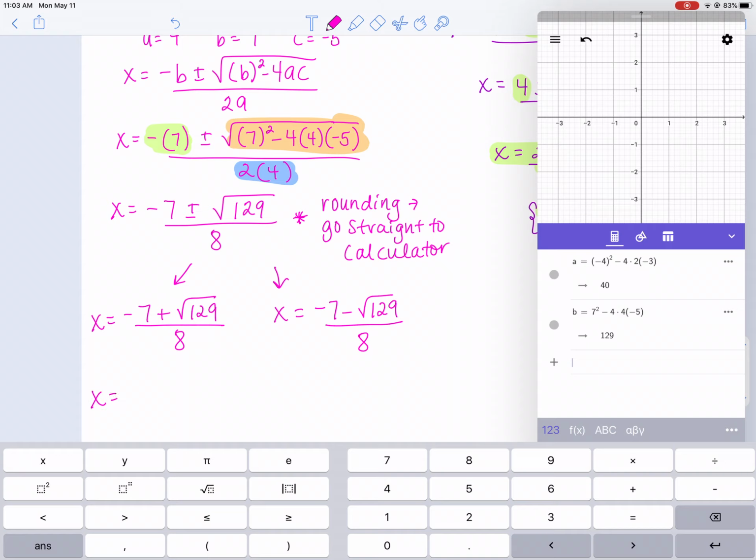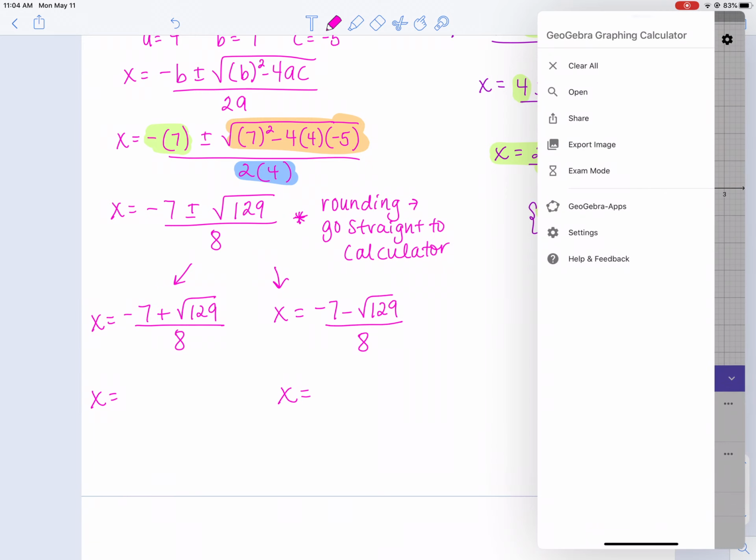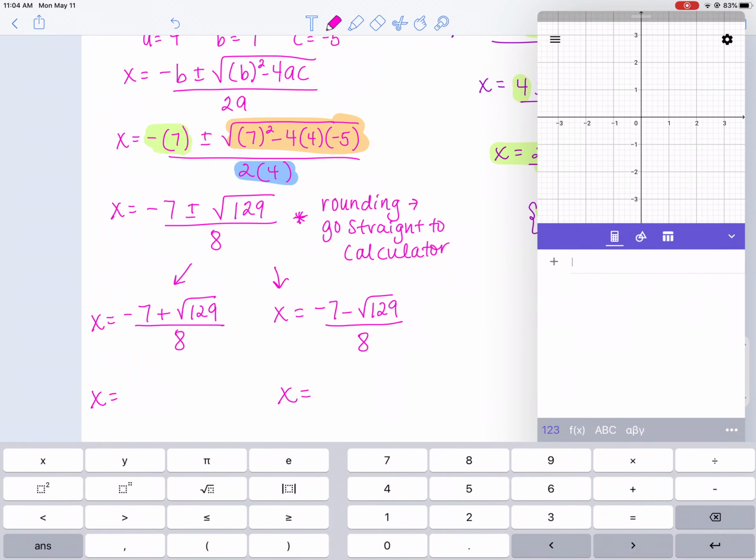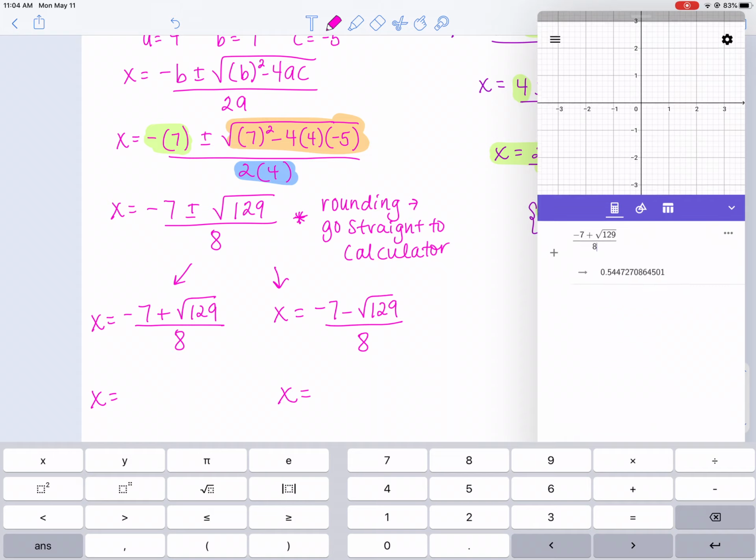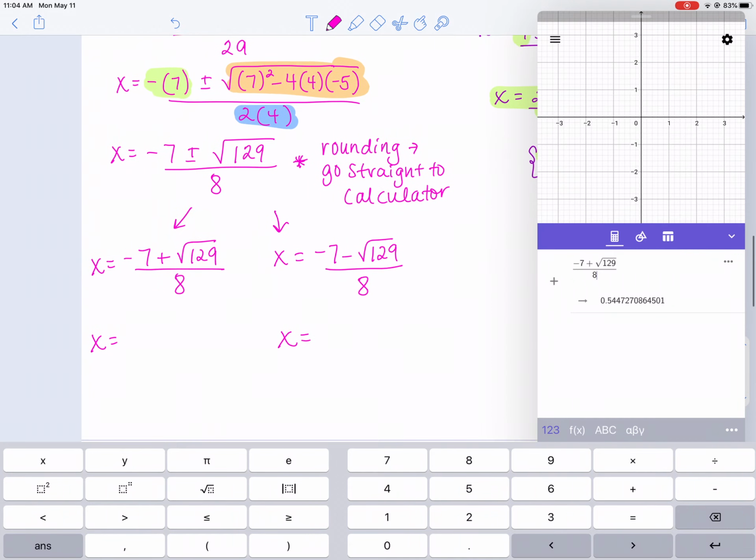So we're going to go into the calculator to get those 2 answers. So watch this. I'm going to clear out what I have, and I'm going to immediately hit the division sign. It's going to make my answer a fraction. -7 goes in the numerator first, plus radical 129. Use your little arrow key to get down to the bottom. Over 8. And look at that number. Here's my first number.